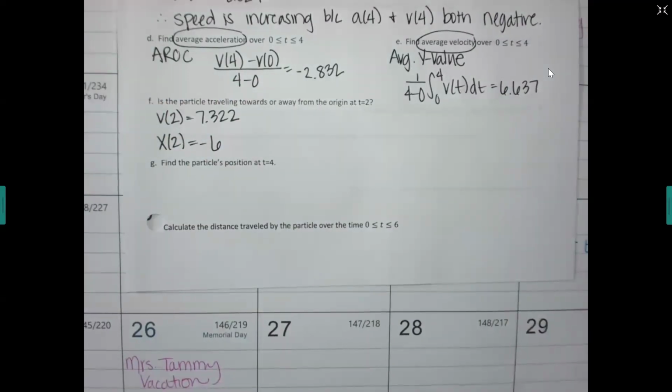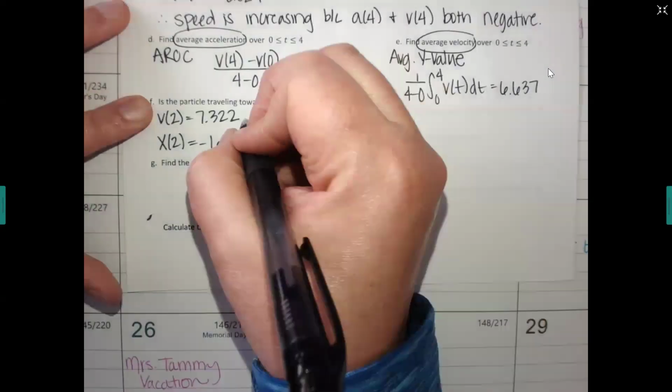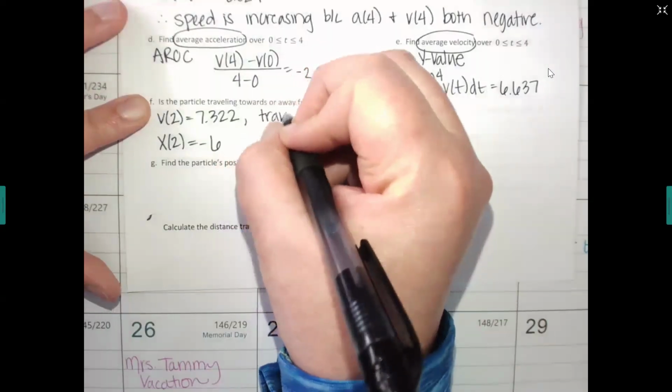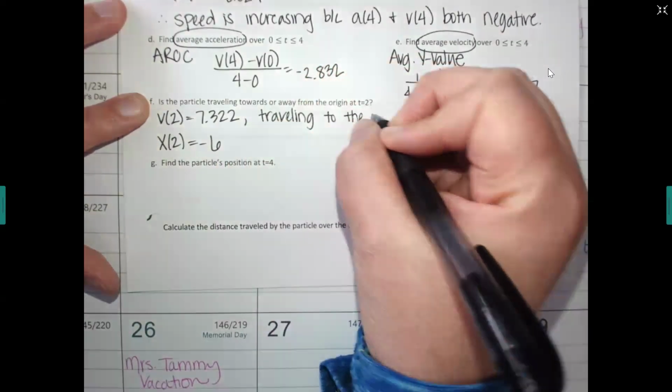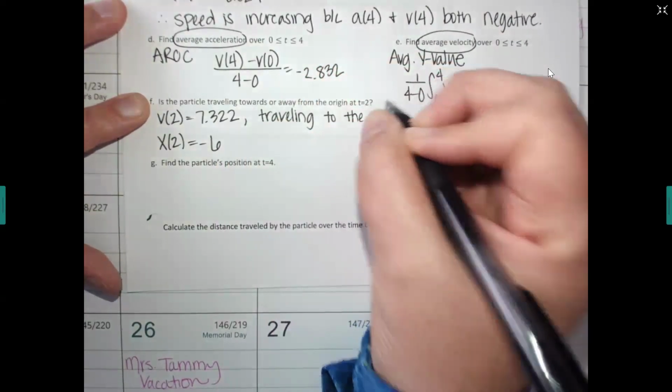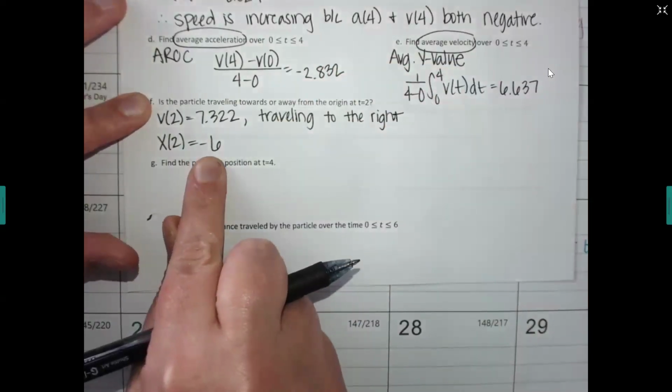Now, using those two pieces, it can tell me which side I'm on and which direction I'm headed. So if my velocity is 7, am I traveling left or right? A positive velocity means I'm traveling to the right. But a negative position tells me I'm starting on which side of the origin.